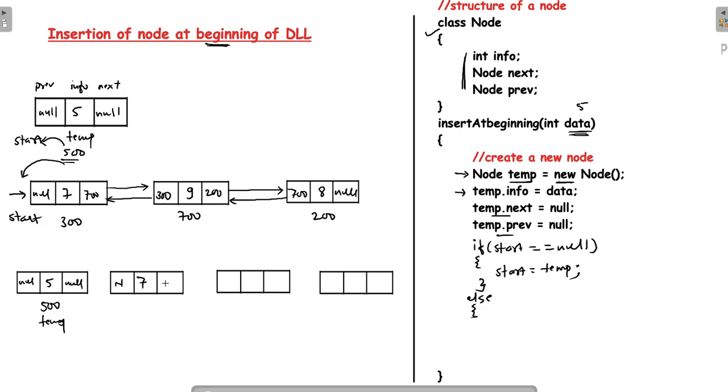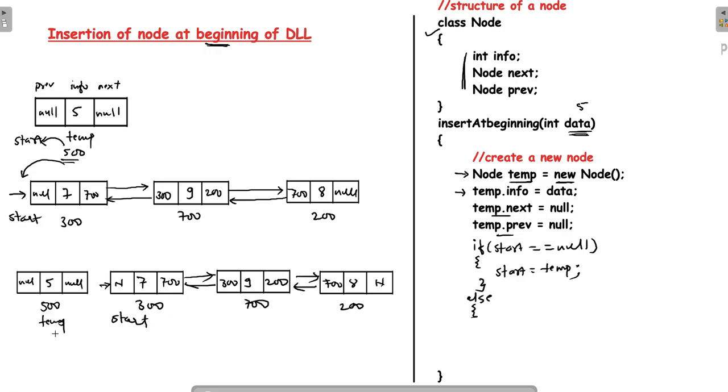I'll write n only. This is 700, and it is 300, it is 9, it is 200, it is 700, and it is 300. Then it is pointing to these two nodes. It is 700, this is 8, then this is null, and it is 200. And this is your starting point.